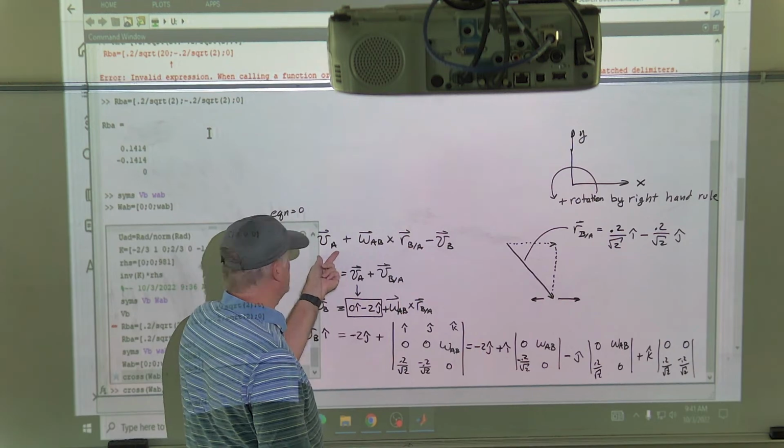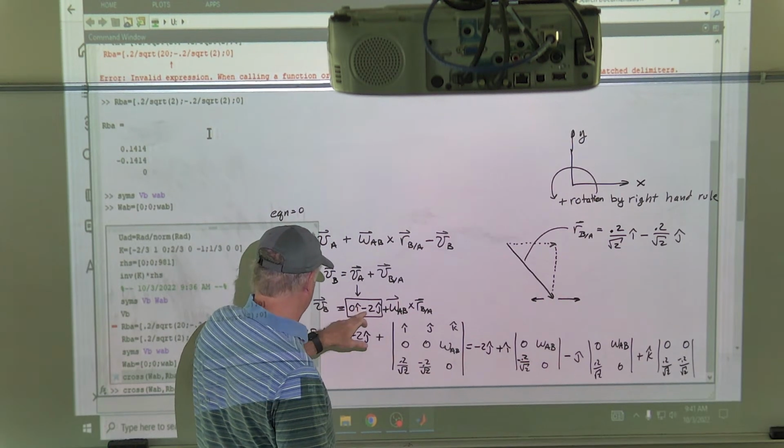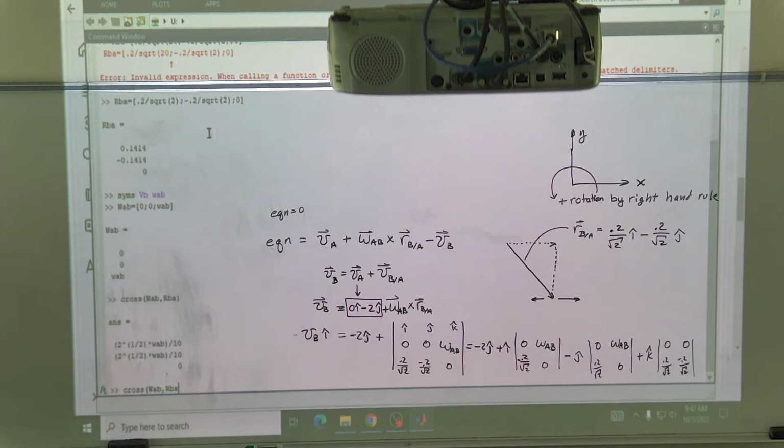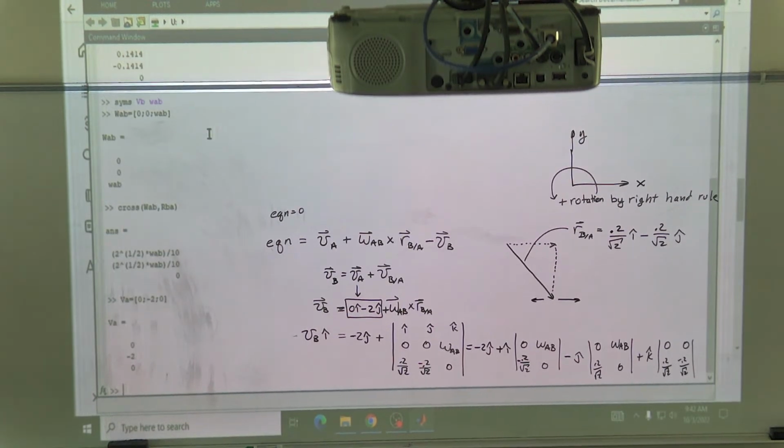I'll add a VA, which I haven't actually defined yet, but I better define that first. VA is equal to, it's going straight down, so it's 0, minus 2, I think, and 0. There's your VA.